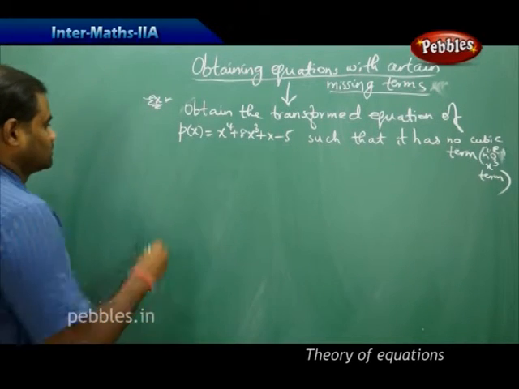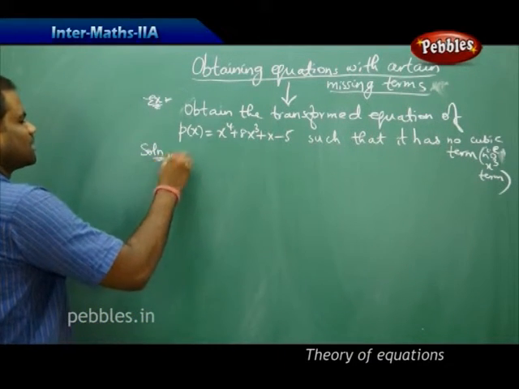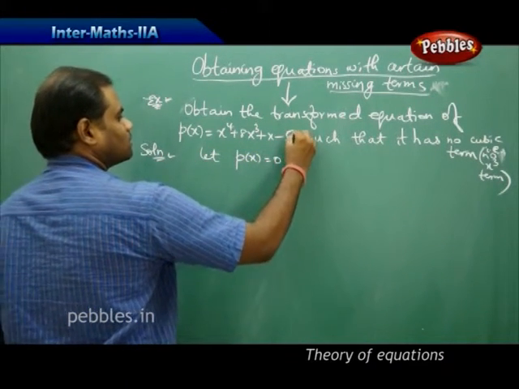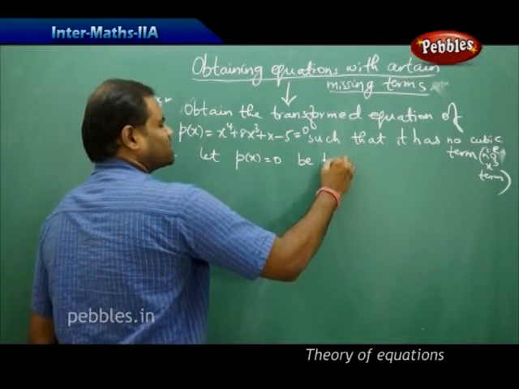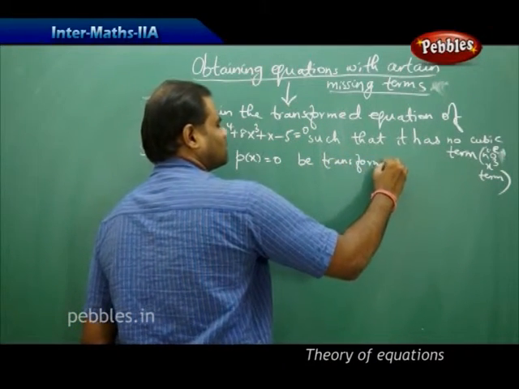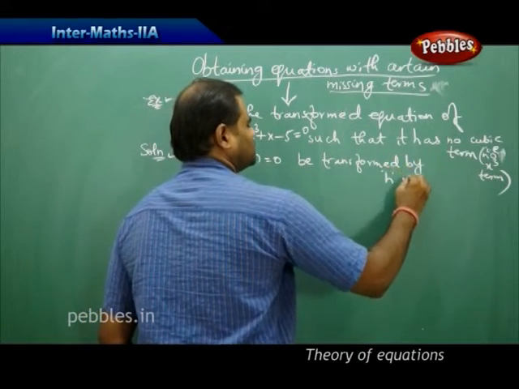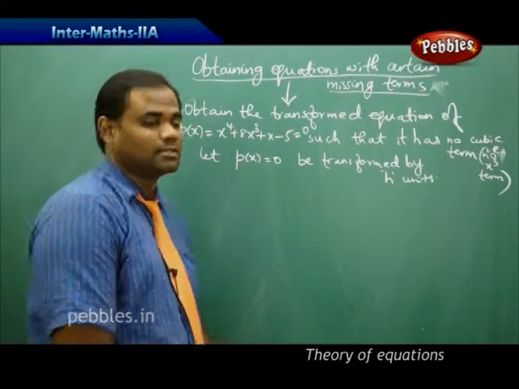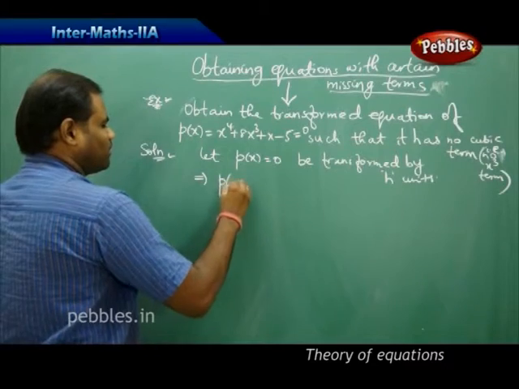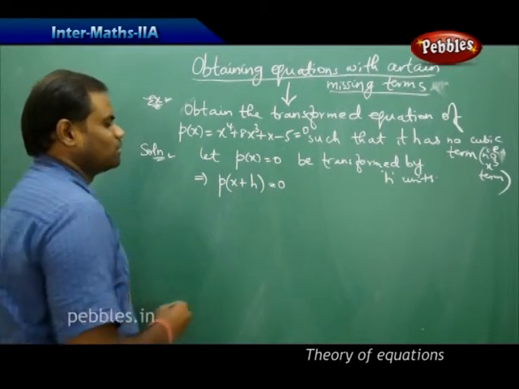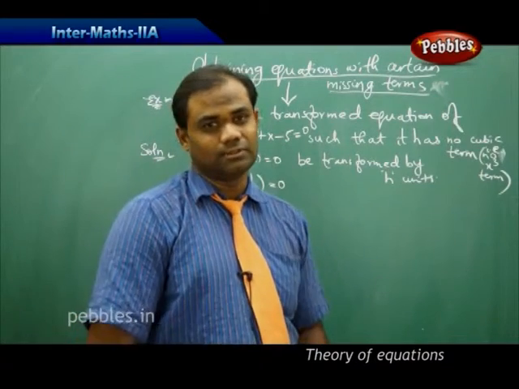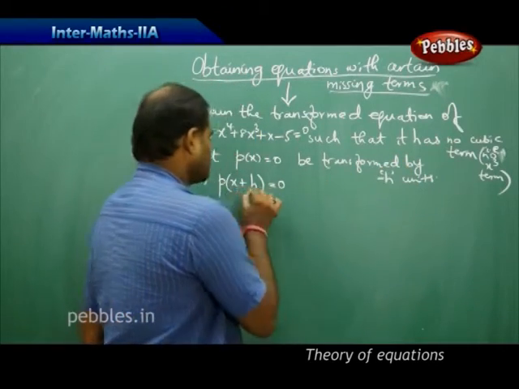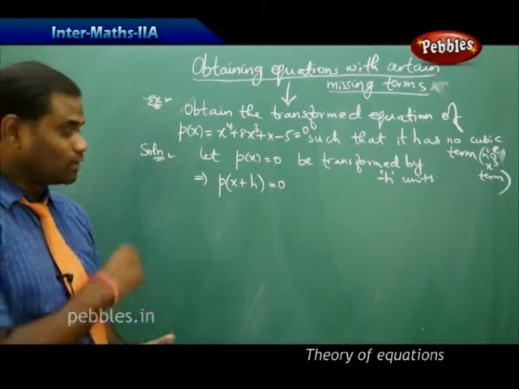So in order to do that, I just proceed in the most simplest steps. Let p of x equal to 0 be transformed by h units. That is, I transform this equation by h units, then immediately I get p of x plus h equal to 0. Or say this is translated by minus h units, then p of x plus h is 0 is what I get.